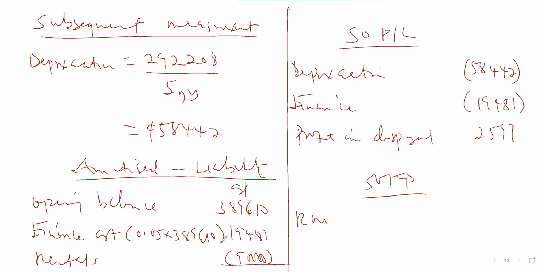Let's look at the second question. On 3rd July 2010, Jumasu PLC began to lease a plant under a 5 years lease. The economic life of the property has been estimated at 8 years. The lease rentals payable by Jumasu were 5 million Ghana cedi, payable annually on 30th June.